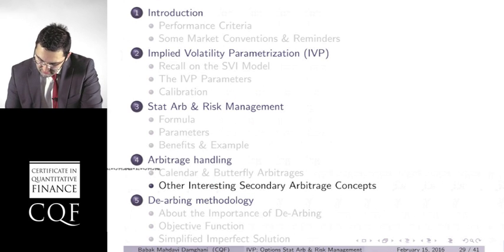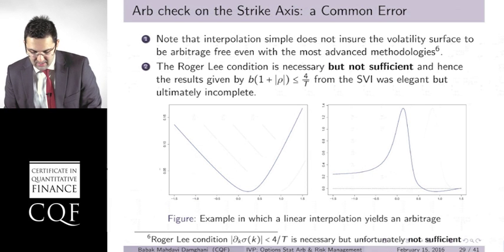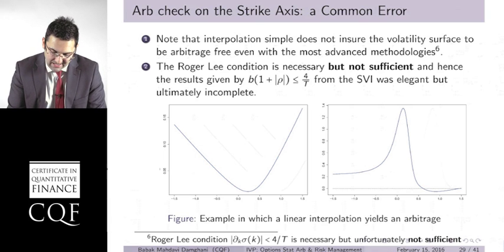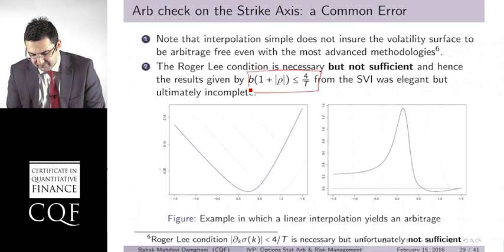So here are other interesting secondary arbitrage concepts. One of the questions you can ask yourself is, is there a clever inequality that allows you to map the parameters of your IVP model onto a non-arbitrage condition?